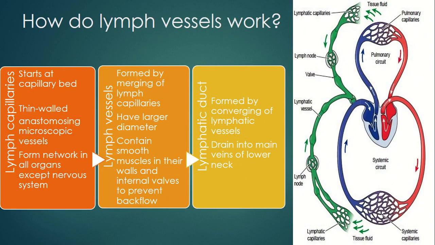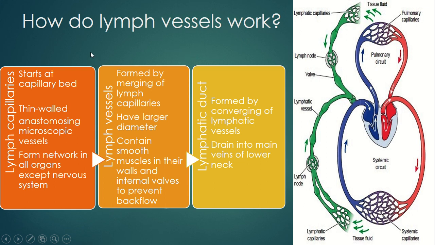In this segment, you will learn how lymph vessels work. The lymph vessels are the tubes, or you may say they are the channels through which the lymph flows. These lymph vessels can be of three types: lymph capillaries, lymph vessels, or lymphatic duct.